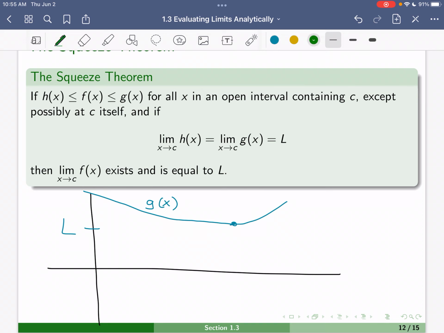And we also have some function h of x. And between g of x and h of x, we have f of x.